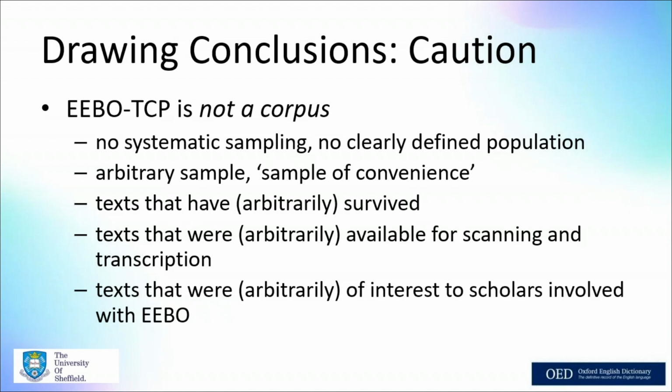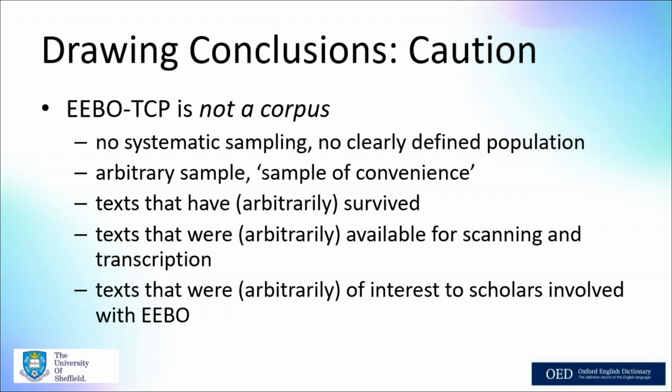First and foremost, it contains texts that have survived, and that's arbitrary. What does and doesn't survive isn't within any of our control, and it depends on lots of different variables. It's texts that were available for scanning and transcription. Again, that's arbitrary. And it also is texts that were of interest to the scholars who were involved with EBO-TCP along the way.